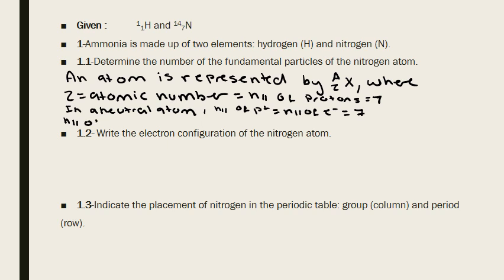Number of neutrons equals A minus Z, which equals 14 minus 7, which equals 7. Okay, so now we've got the number of protons, the number of electrons, and the number of neutrons.